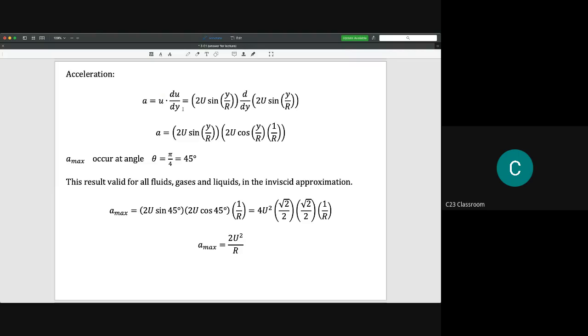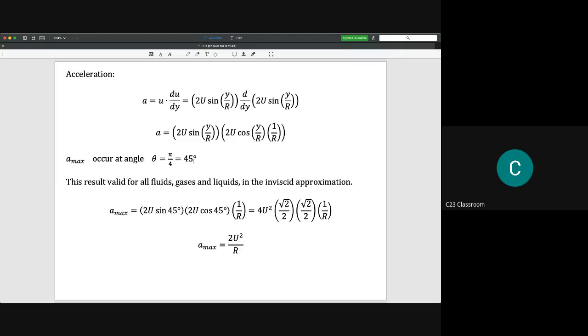As you know, the common equation for acceleration is U2 minus U1 over t, which means we differentiate the value of dU dy. We substitute all the values here, and finally we have all of this. And then we could say that A max will occur at pi over 4, which is 45 degrees.